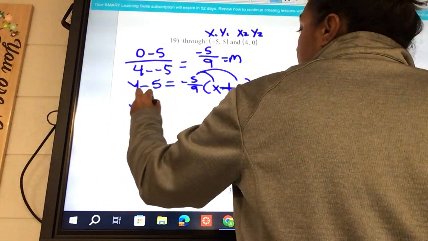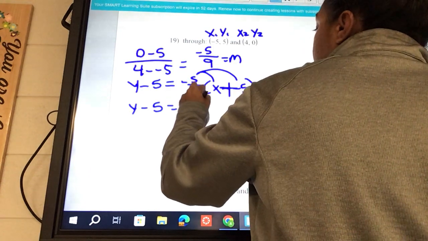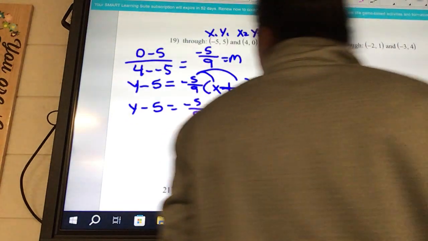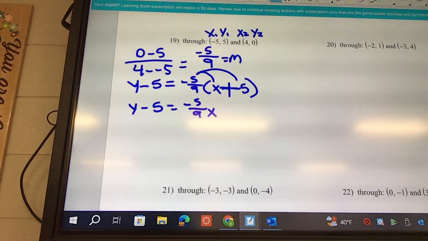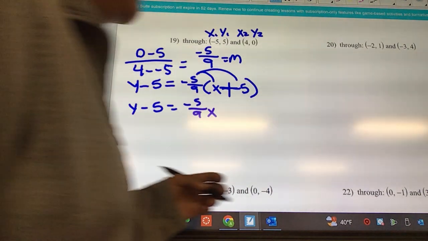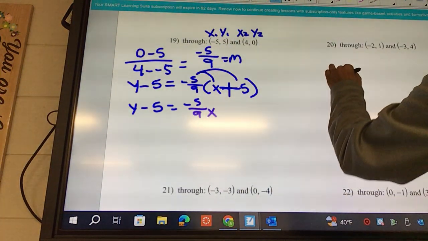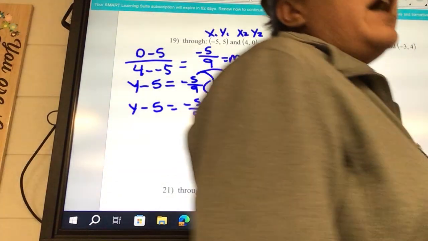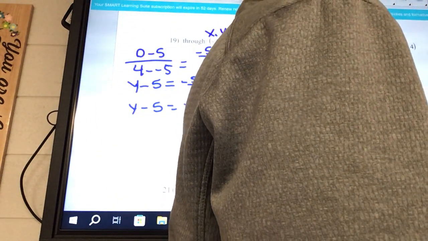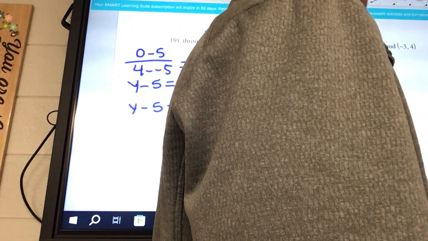So we're gonna get y minus 5 equals negative 5 over 9x. What is negative 5 over 9 times 5? If you're using your calculator, which is great, you're gonna hit your fraction button, and you have to hit the over arrow. You want the 5 times 5 off to the side, not underneath here.